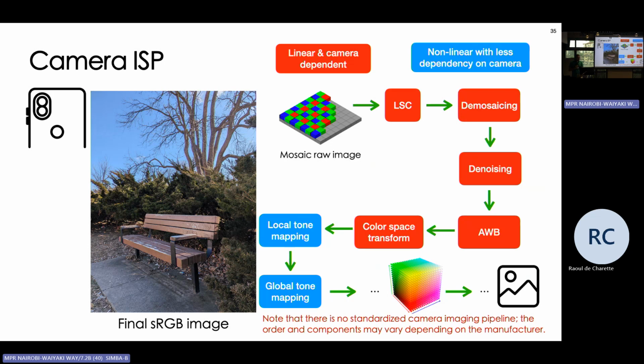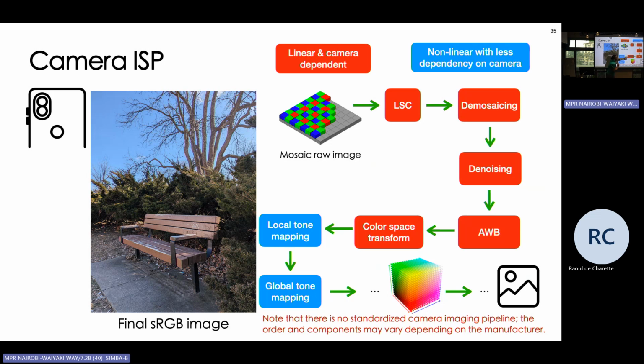And I would like to highlight that we have two different groups. The first group is a set of operations that are linear and camera dependent, which means if we change the camera, we need to tune that. And the tuning is a lot of money, like big teams just doing tuning for each camera every year. And we have the nonlinear, which is less dependent on the camera, starting from here.